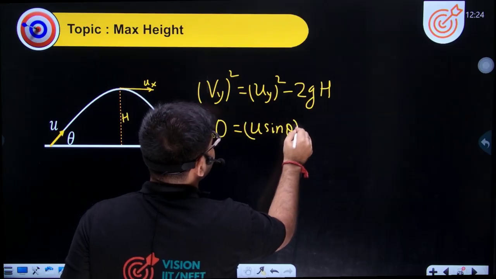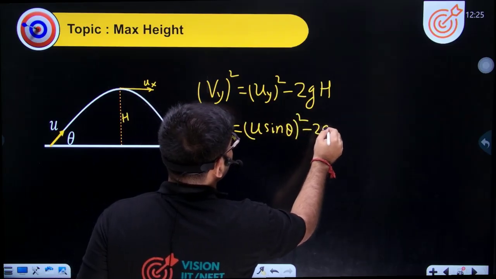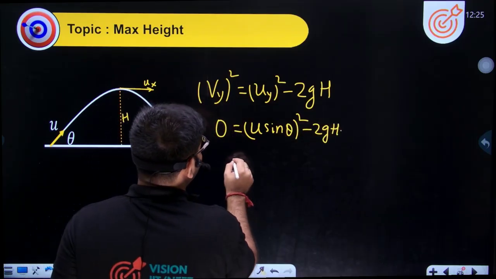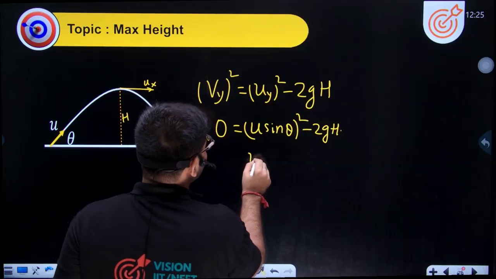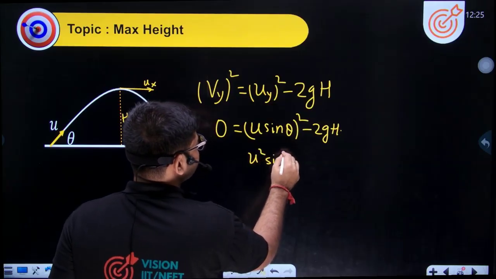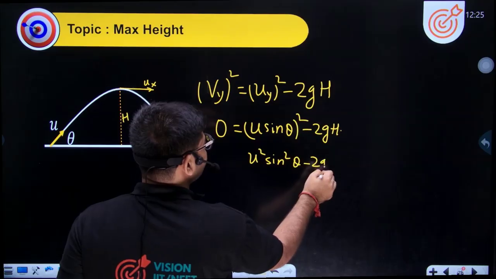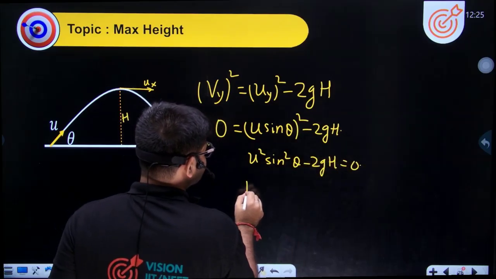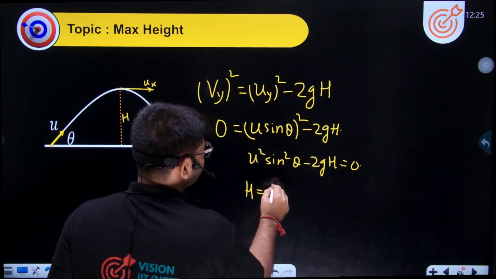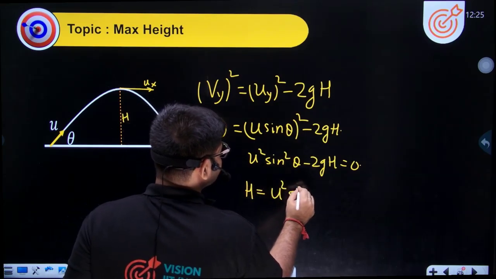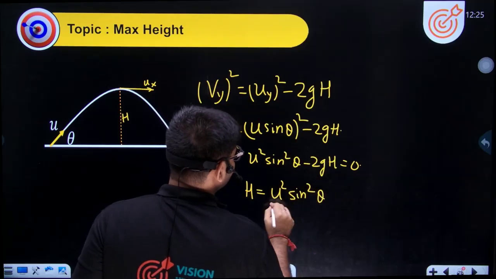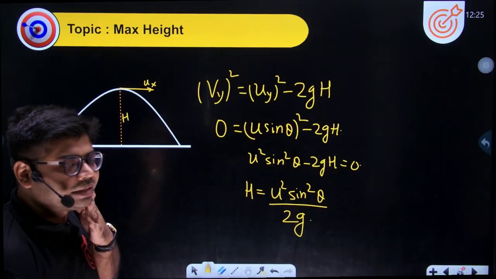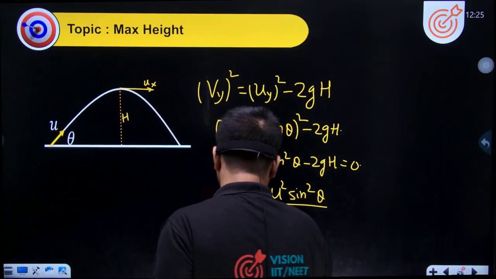So you will have u square sin square theta minus 2gh is equal to 0. So h is u square sin square theta by 2g. This is the maximum height that you are going to get.